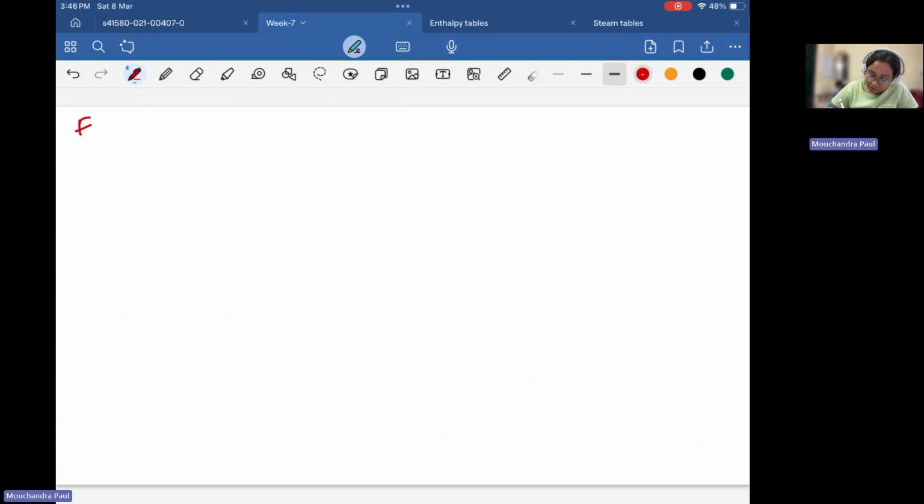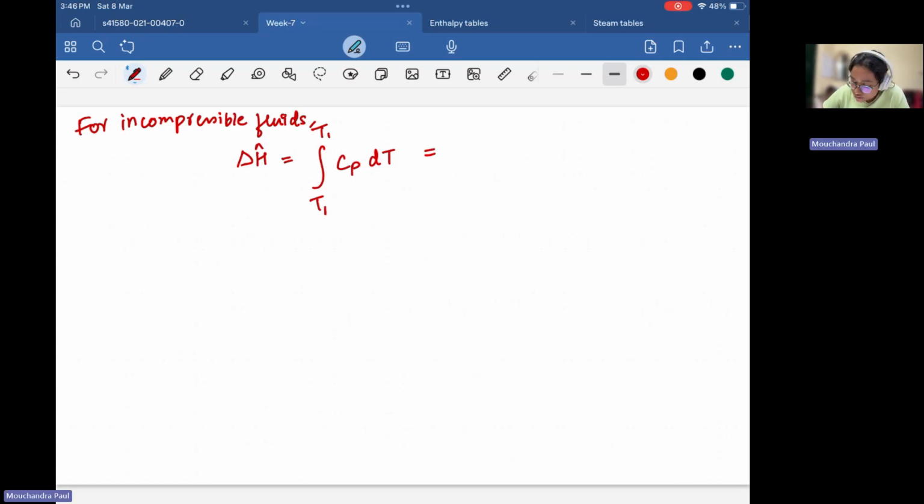So for incompressible fluids, delta H cap is integral Cp dT, or Cp delta T. So for water, Cp is actually 1 BTU per lb per degree Fahrenheit.